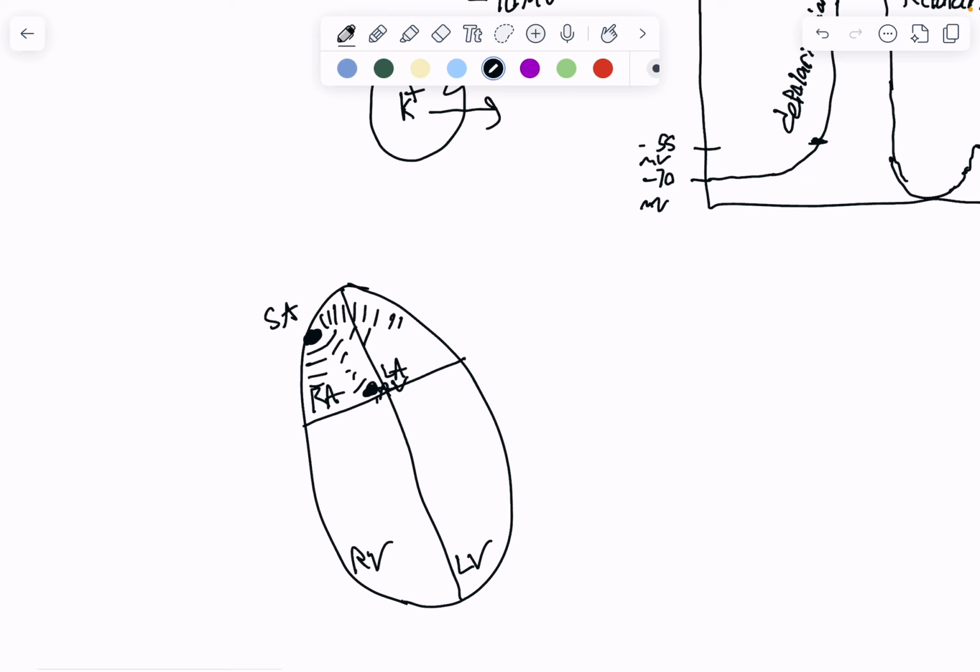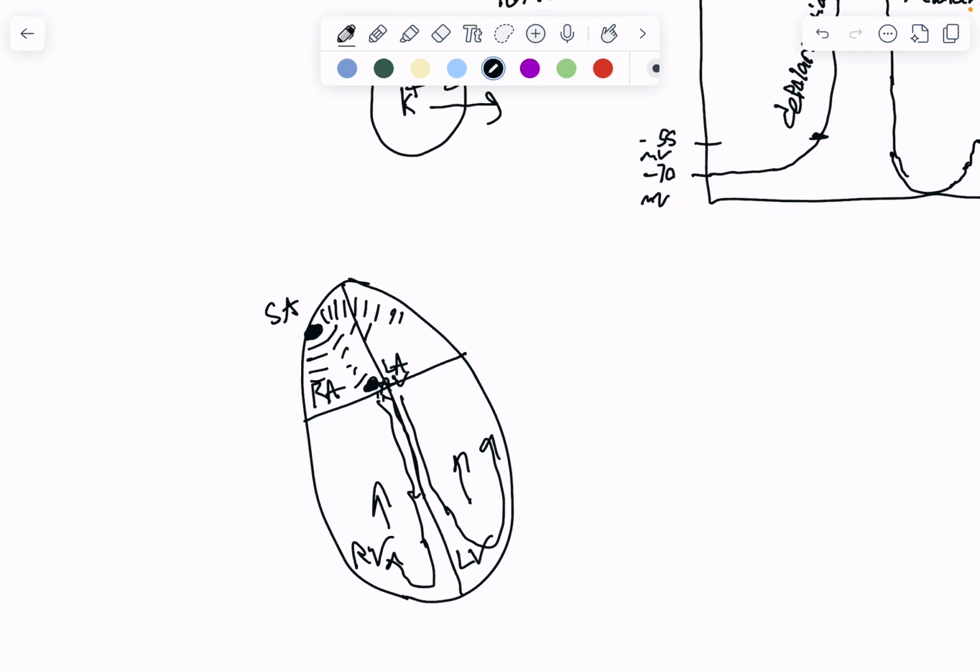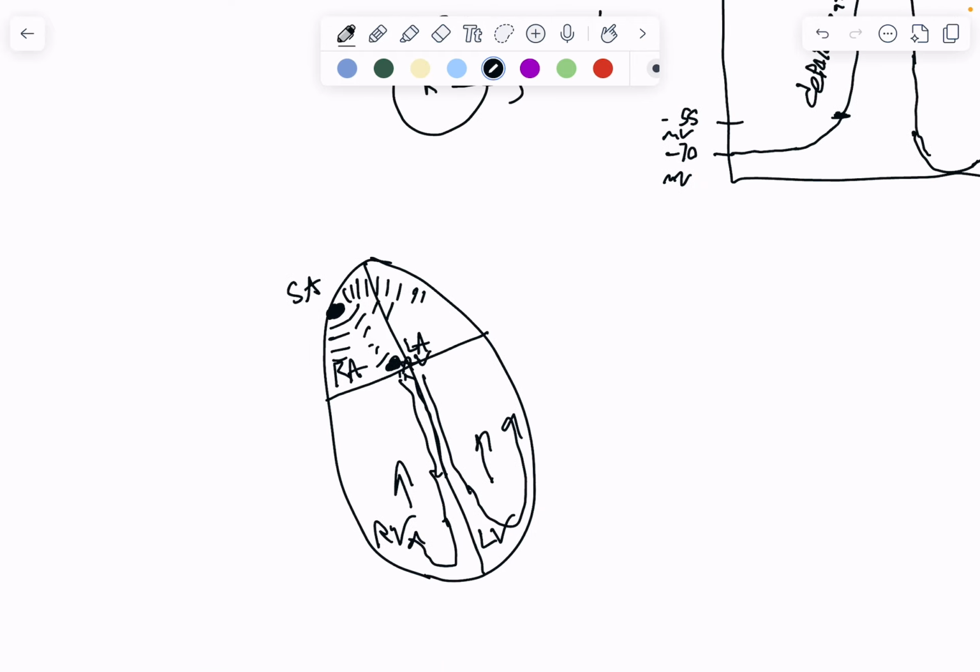The AV node, after it delays the signal, then sends the signal to the bundle of His, down to the bundle branches, and then finally to the Purkinje fibers, which then send that signal up and cause contraction of the ventricles in an upward manner through the valves to go to the pulmonary artery, and then the aorta. And so that's the electrical conduction of the heart.